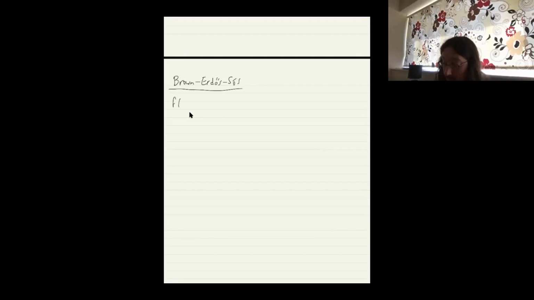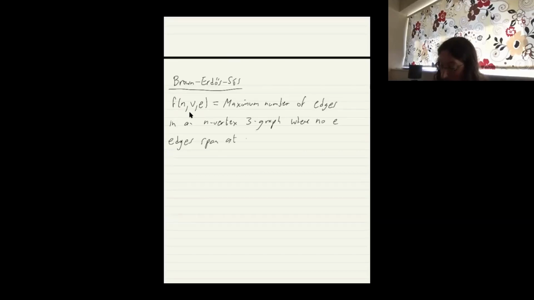Let F_n(v, e) be the maximum number of edges in an n-vertex 3-graph, or 3-uniform hypergraph, where no e edges span at most v vertices.